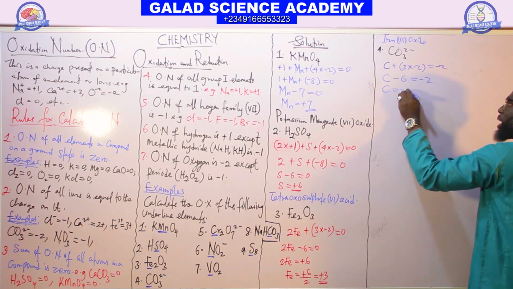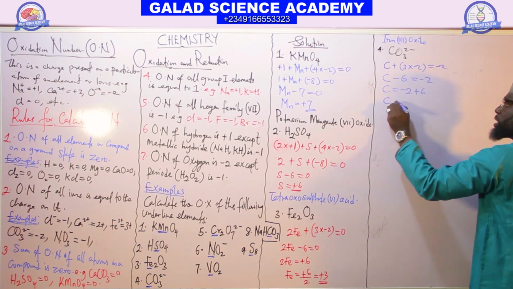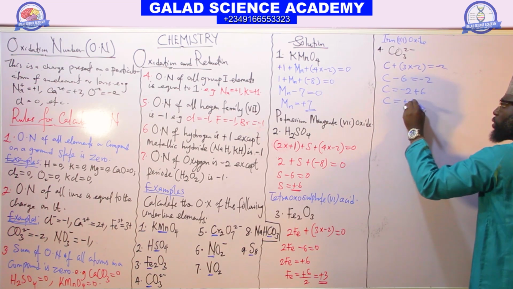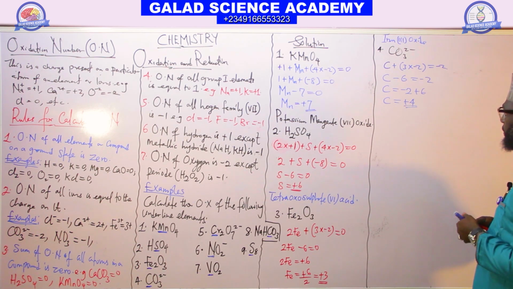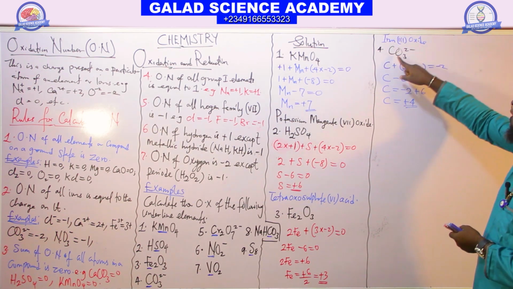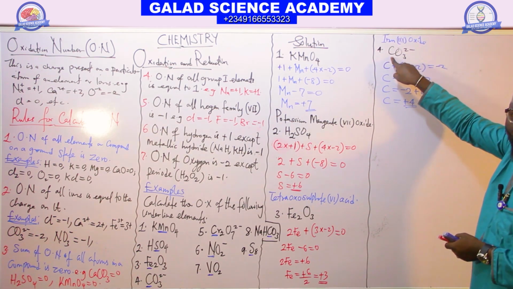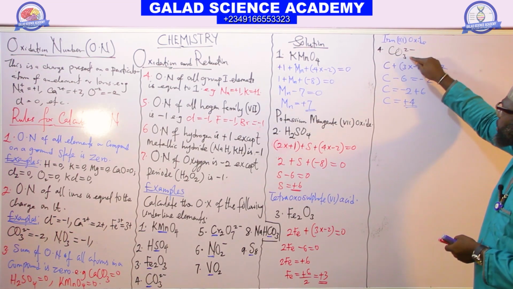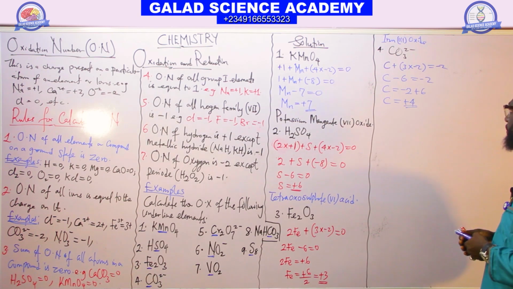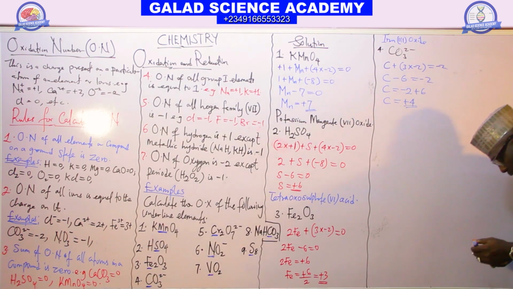C equal to minus 2 plus 6. C will give us plus 4. So the oxidation number for carbon here is plus 4.